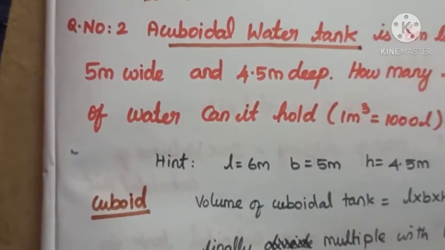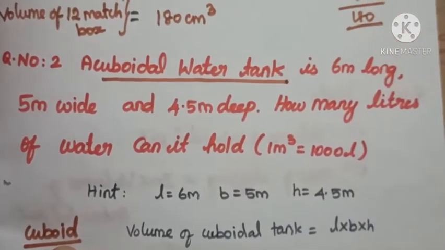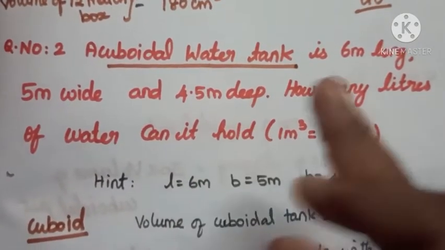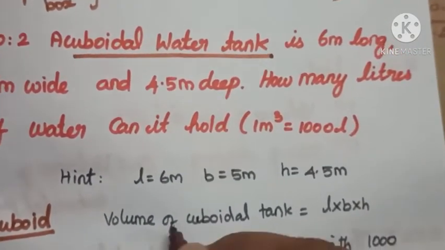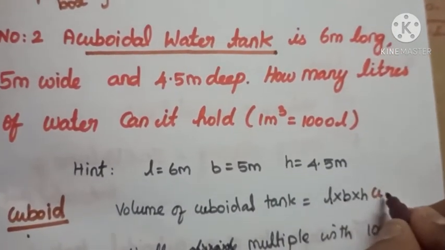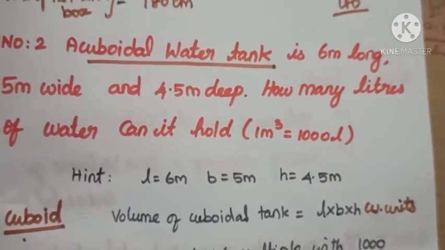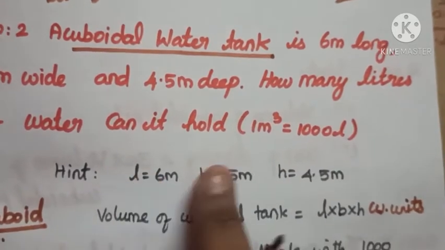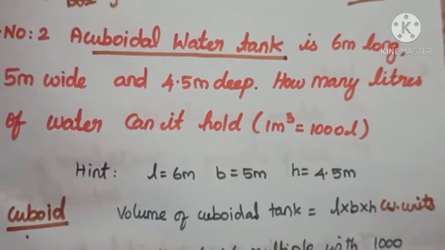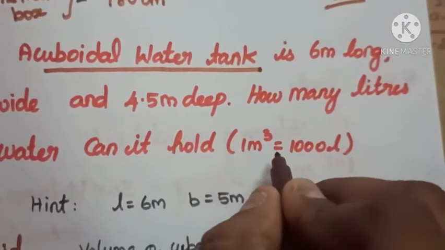First we analyze what the shape is. Next, what we need to find: how many liters of water it can hold, that is the volume of the cuboidal tank. Cuboid means L into B into H, cubic units. So substitute the values and find the volume of the cuboidal tank. Finally, multiply with 1000, because 1 meter cube is equal to 1000 liter.